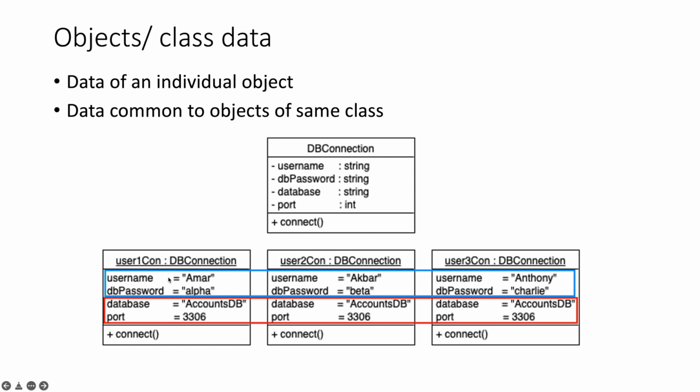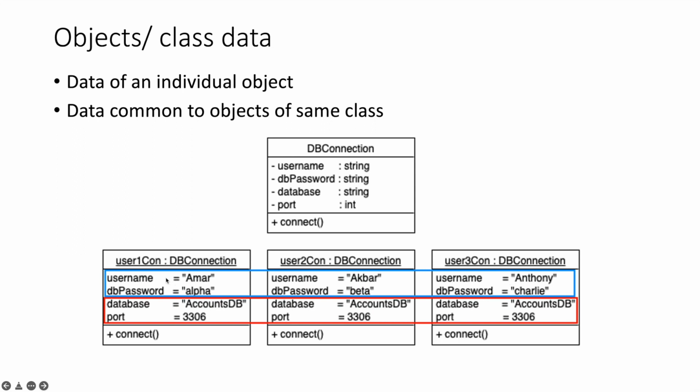For this object the state is username equal to Amar, DB password maybe some alpha, database is the database name, and port for example 3306. For another user called Akbar, again the state of that object is username is Akbar, DB password is some beta, database name, port. Similarly for Anthony, I will not read it out.